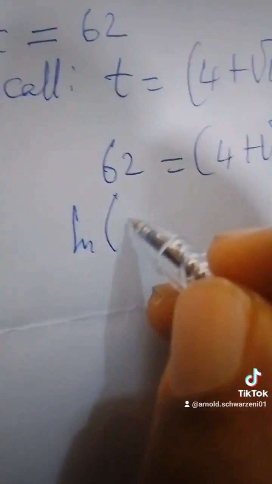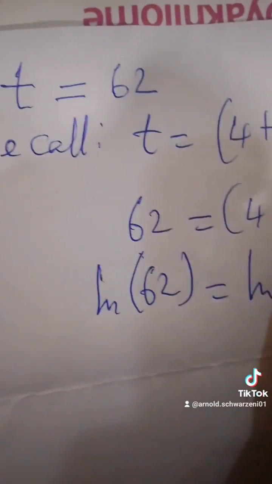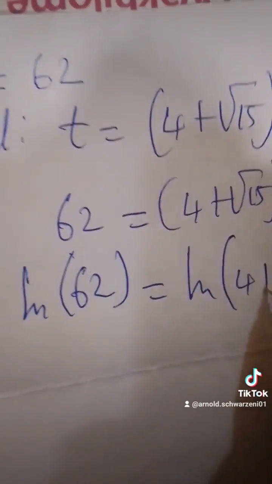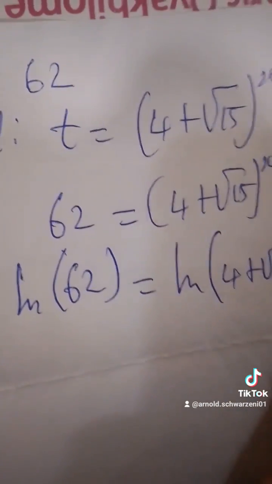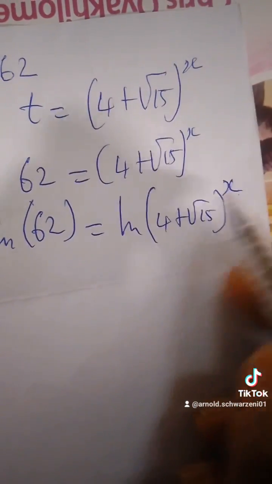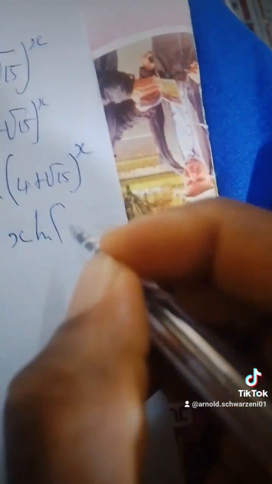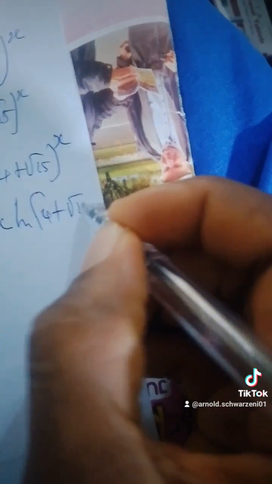So ln 62 will be equal to ln of 4 plus root 15 raised to power x. According to the laws of logarithm, this power will come to the front of the ln. So we are going to have ln 62 equal to x ln of 4 plus root 15.